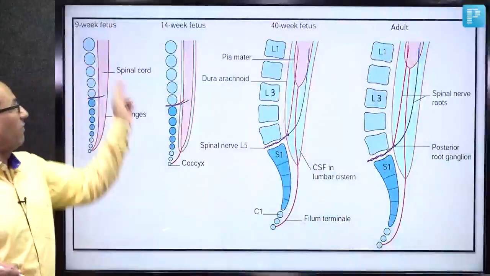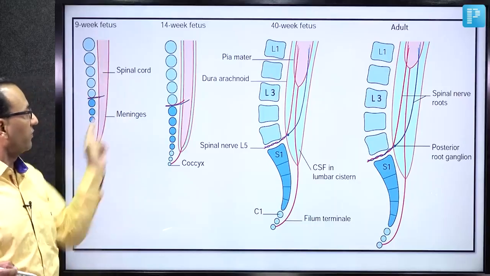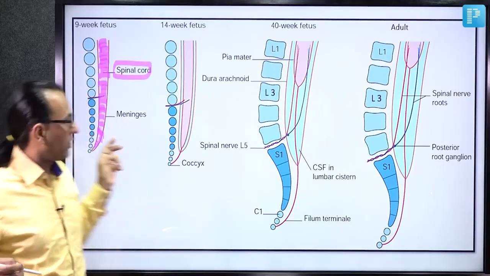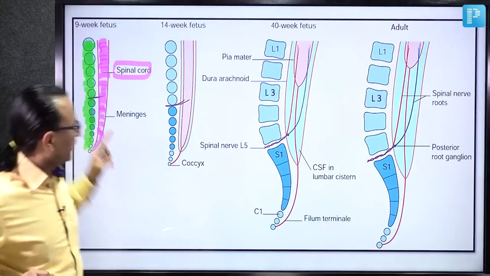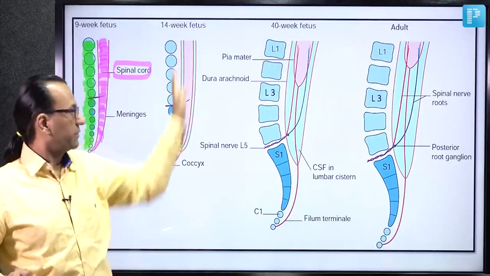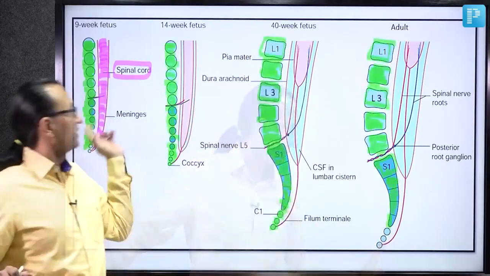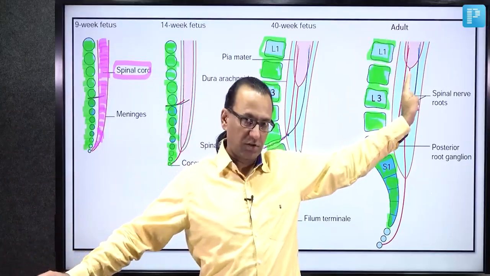As we look at the developing baby, in the early fetal stage, we will find that the length of the spinal cord is equal to the length of the vertebral column. And not only that, the spinal cord is attached to the coccyx there. But later, the vertebral column becomes longer, whereas the spinal cord becomes relatively shorter.